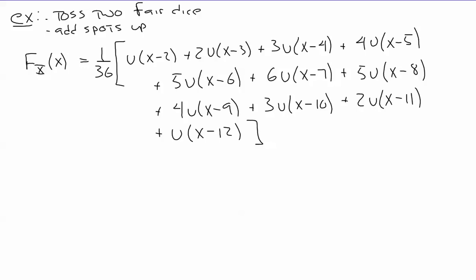All right. Very simply then, I can take the derivative of my cumulative distribution function and I get a bunch of delta functions weighted exactly the same as they are in the cumulative distribution function. My PDF for this experiment then is as follows.